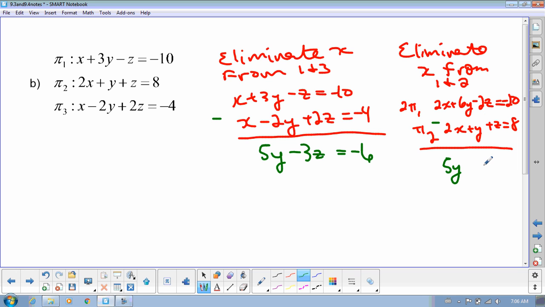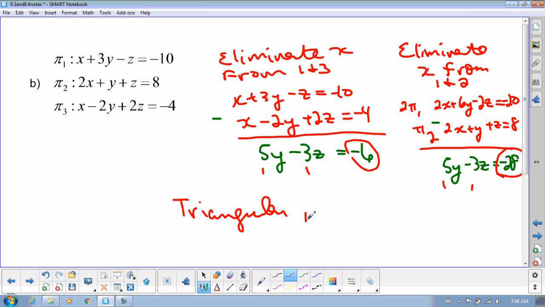Negative 2z minus z is minus 3z. And negative 20 minus 8 is going to be negative 28. So our coefficients are the same. So 5, negative 3, 5, negative 3. But the d values are not. So this means we have the triangular prism. So they intersect at a line in pairs, but not all three. So therefore, no solution.